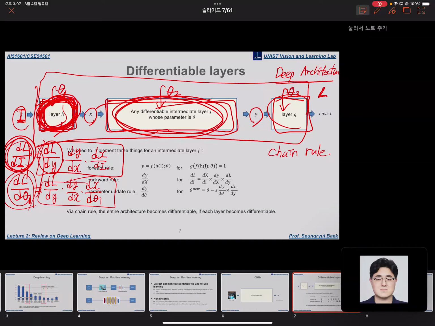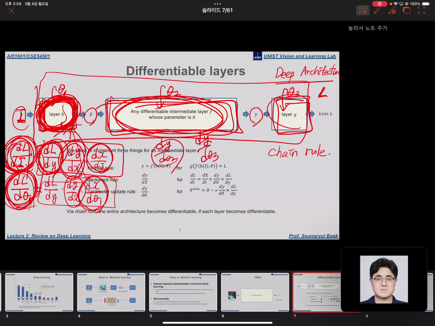For this layer H, if these two terms exist, then these two terms need to be valid for this layer H. And also this term and dy/dtheta 2 have to be valid for this F, and this term and dy/dtheta 3 have to be valid for this layer G. Conversely, if individual layers that constitute the entire network are differentiable with respect to their input, and at the same time with respect to their parameters, then the entire network becomes differentiable with respect to the initial input and the intermediate parameters.